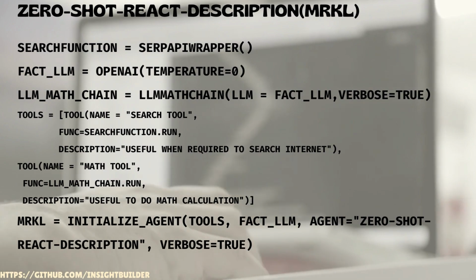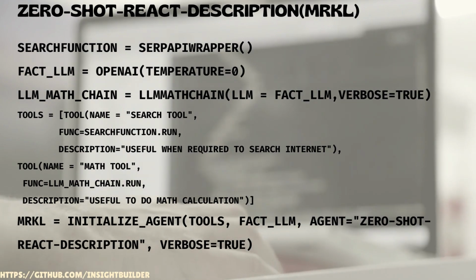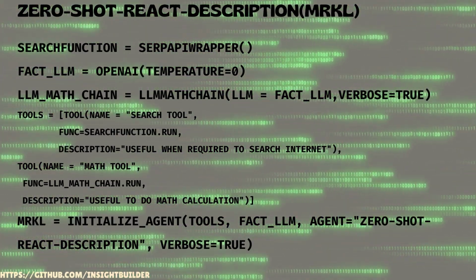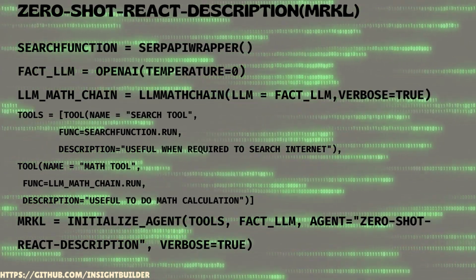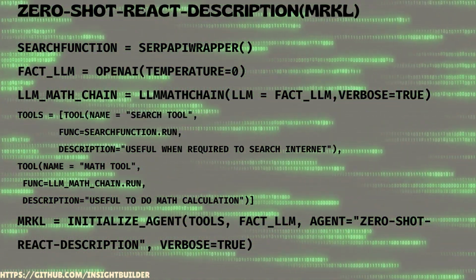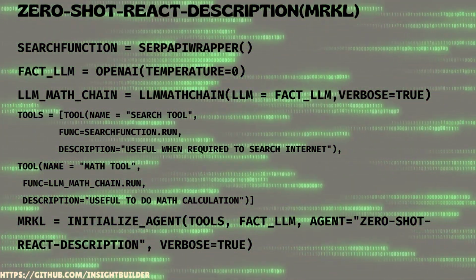So the tool should contain the name, it should contain the function that we are going to call, and the description of the tool. Without this, the zero shot React description agent will not work. You see the description? This description is what tells the agent that it requires a description inside the tool. This is how you build it. And then you see the agent initialization below.